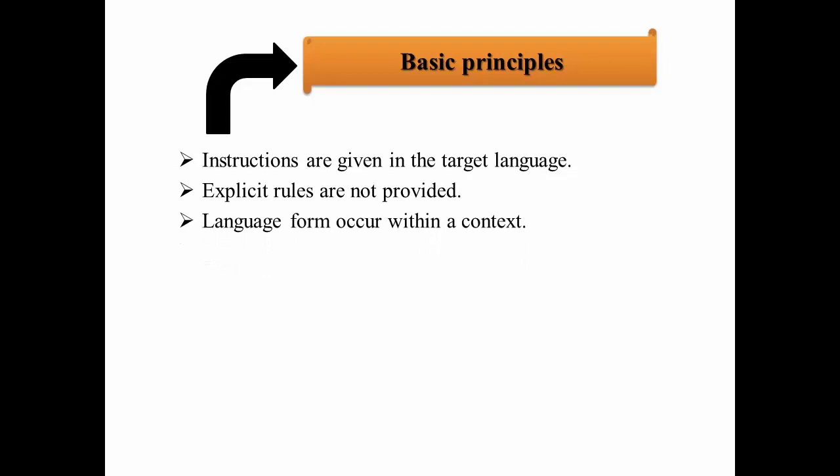Language forms occur within a context. If you want to present certain language items, vocabulary, forms, grammar, it all should be within a context. You create a context first, and then you present whatever you want to present.